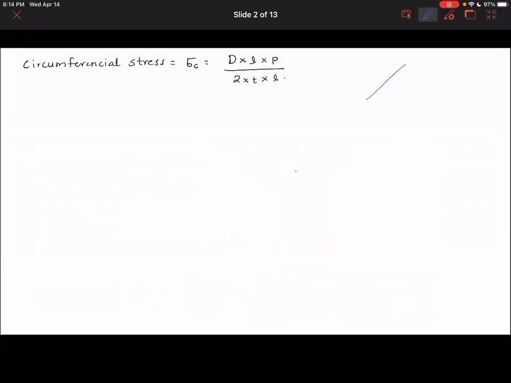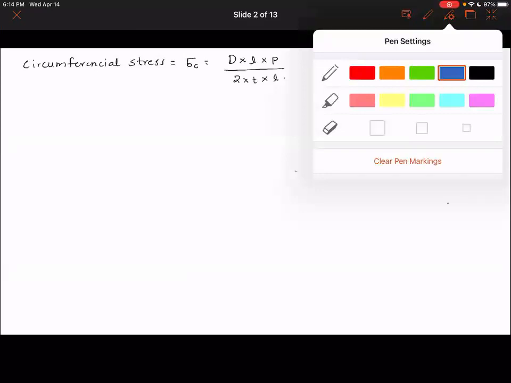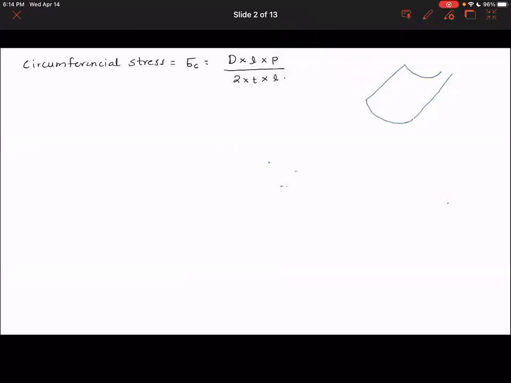What I want you to do is, for a minute, look at the cylinder in a cut section. Think about the cylinder that is cut, which is like this.